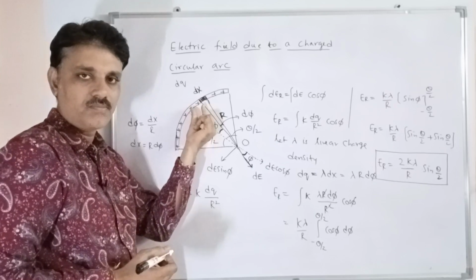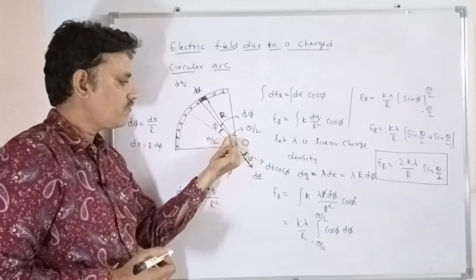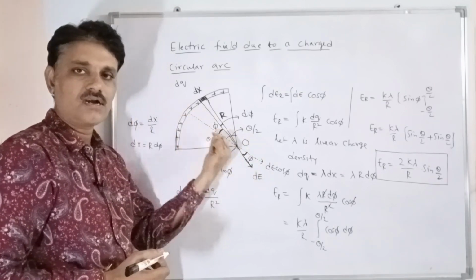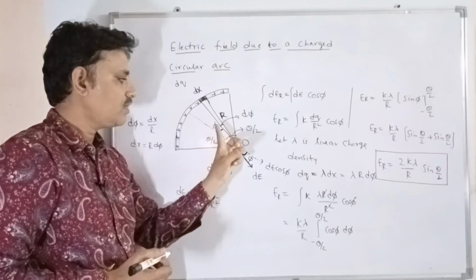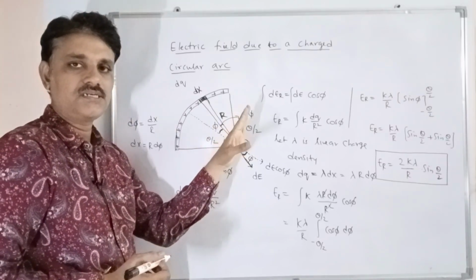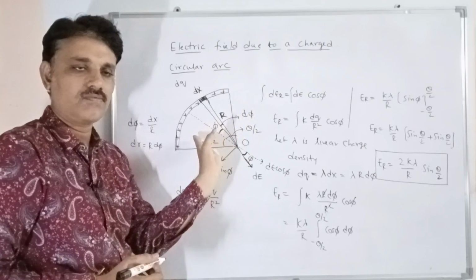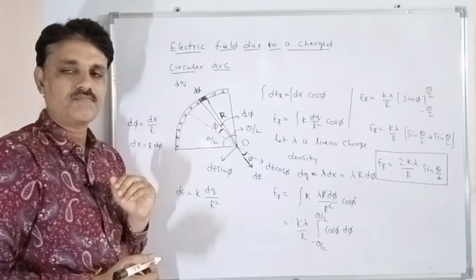This small portion makes an angle phi with respect to the dotted line we drew here. Above the dotted line the angle is theta by 2, below it is also theta by 2, and r is the radius of the circular path.